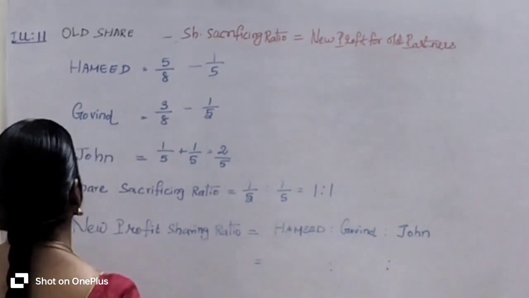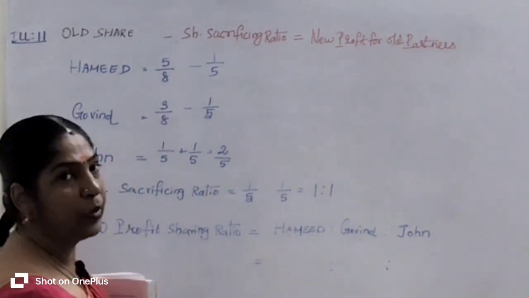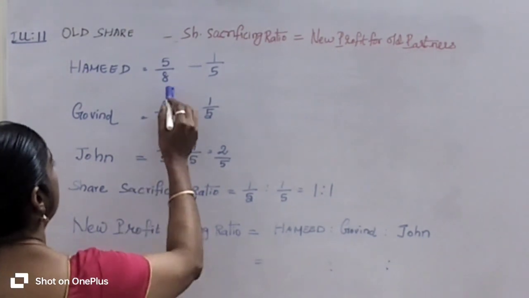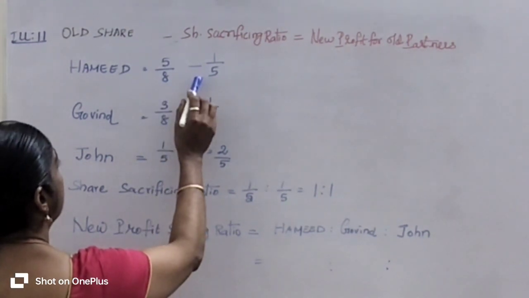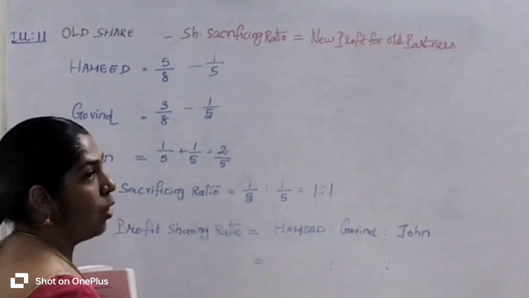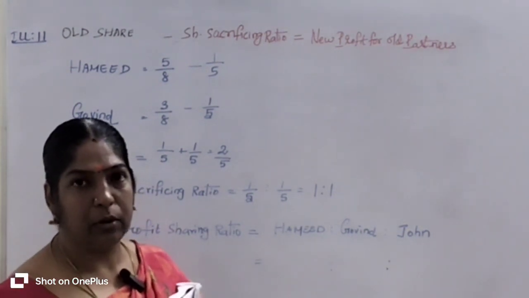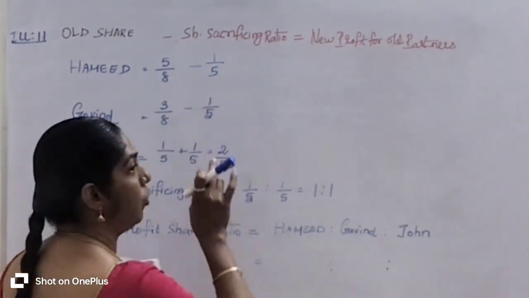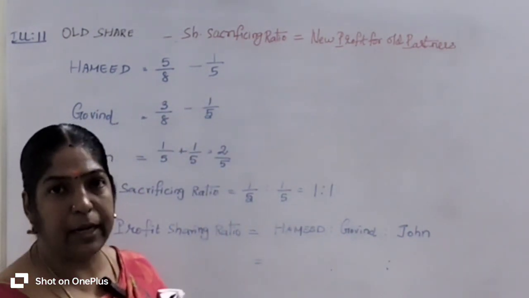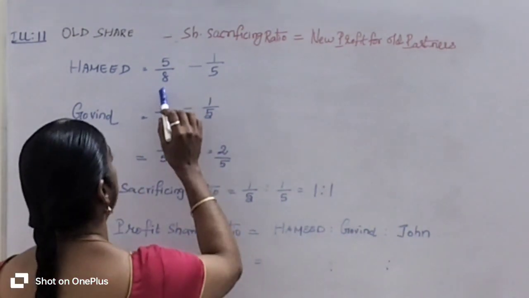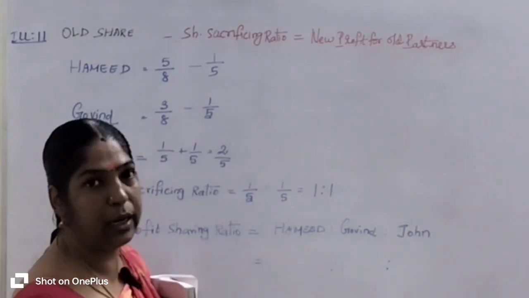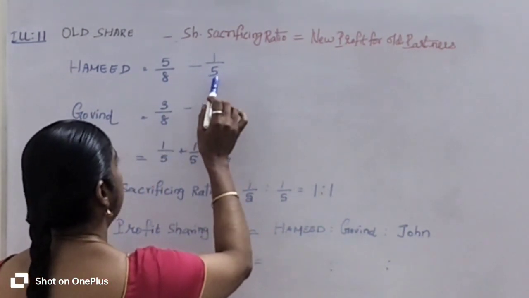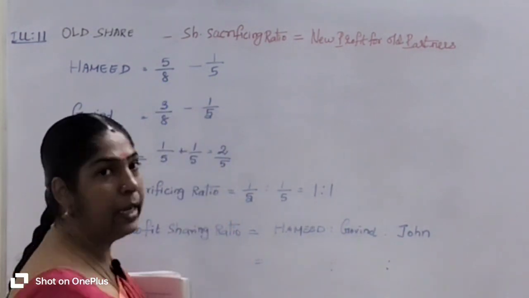Let's calculate Amit. Amit is the old partner whose old profit sharing ratio is 5/8 and whose sacrificing ratio is 1/5. How can you subtract it? First we look at the denominator. The denominators are different numbers, 5 and 8. 8 is not divisible by 5 and similarly 5 is not divisible by 8.